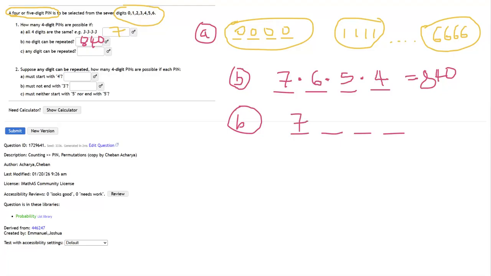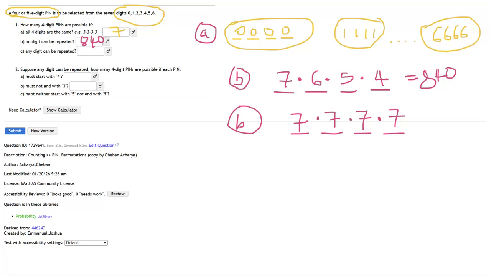The second digit, since you can repeat, you can also choose in 7 different ways. For example, if you choose 1 here, you could choose 1 as well. The third digit and the last digit can each be chosen in 7 ways.